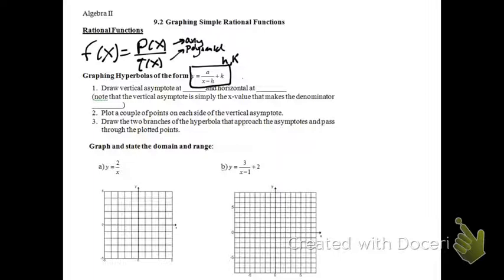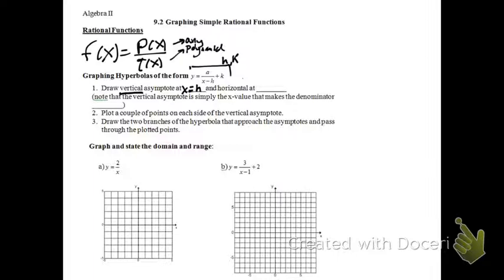Let's start with a few like these. When you have the form y equals a over x minus h plus k, you're going to have a vertical asymptote, and I think it's the first time we've seen a vertical asymptote, and we'll talk about why when we actually graph one. You're going to have a vertical asymptote at x equals whatever that h value is.